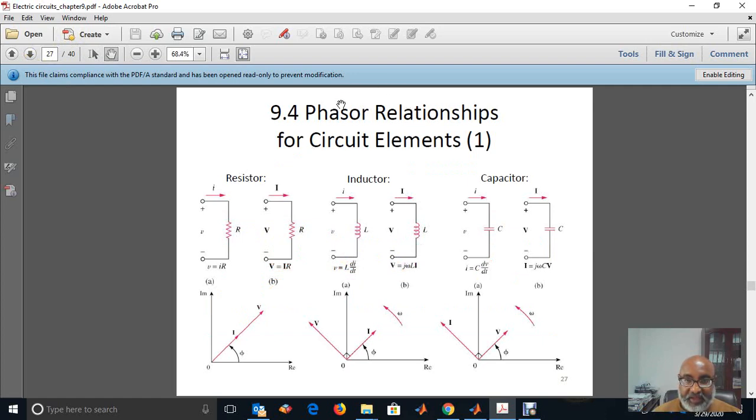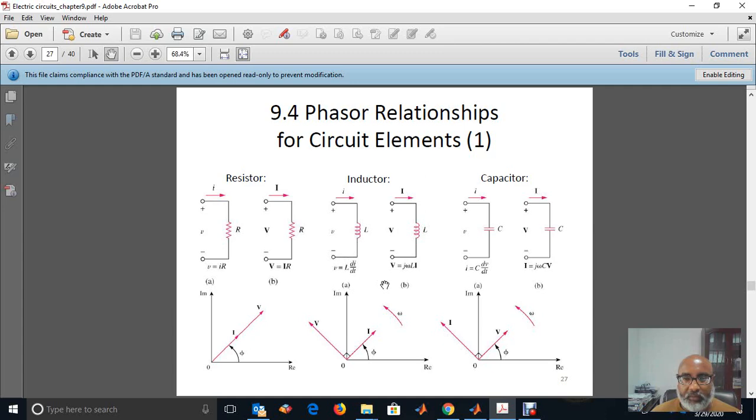So what is a phasor representation for circuit elements? If I have a resistor, the voltage in time domain is v equals i times the resistance, and in phasor form V equals the phasor current I times the resistance. If I have an inductor, the current i and the voltage are related by v_L equals L di by dt.